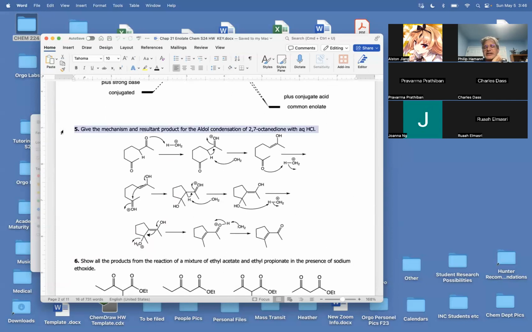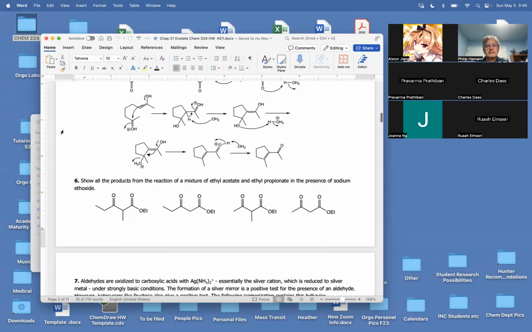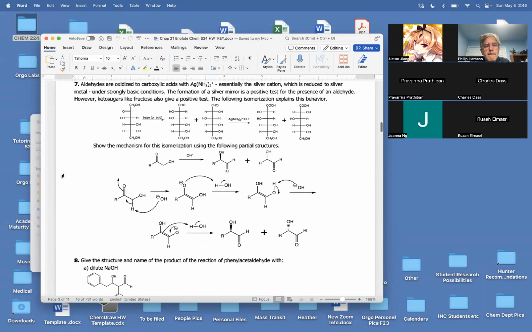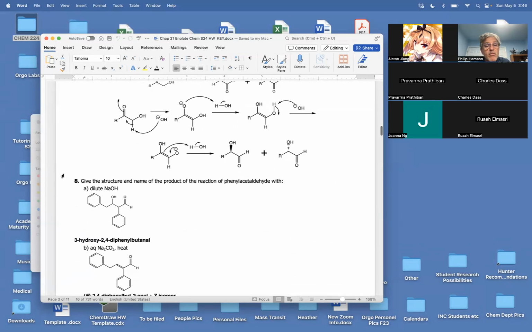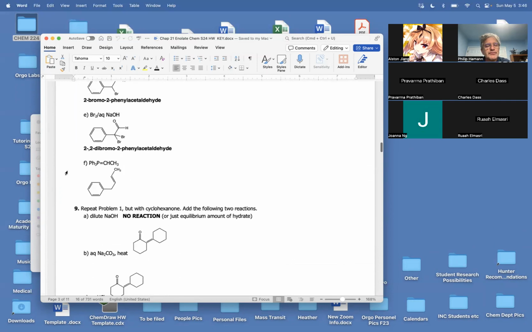Five is a nice mechanism to hone your skills. Eight is just drilling reactions.